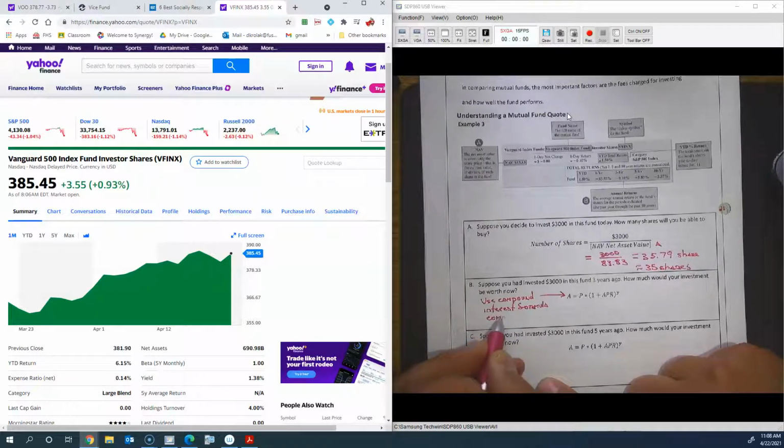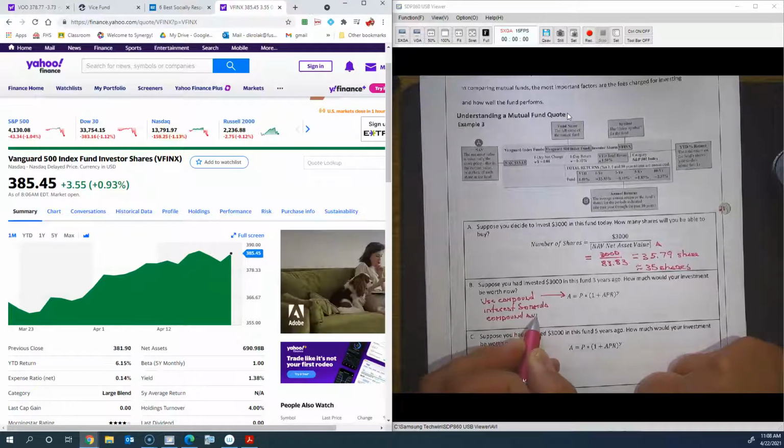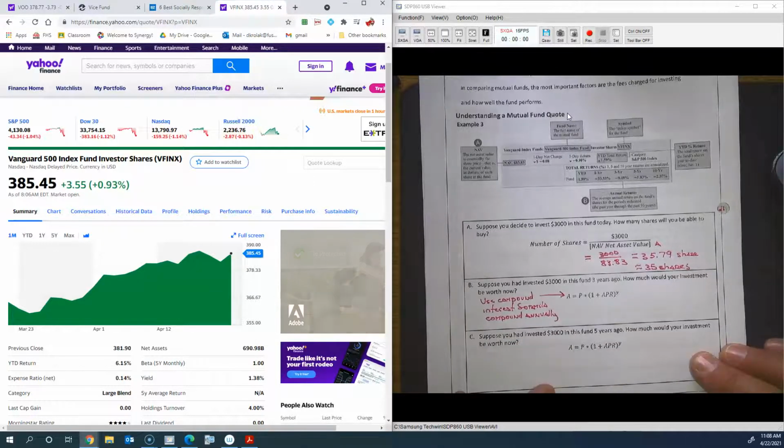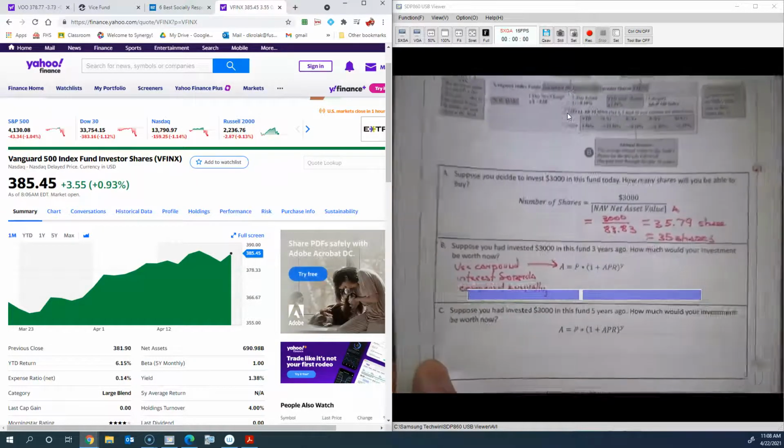This is the one that is compounded yearly or annually. Okay, and we did these already. We did them last week.